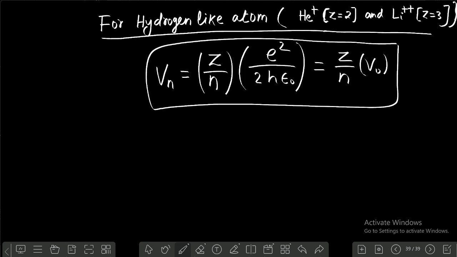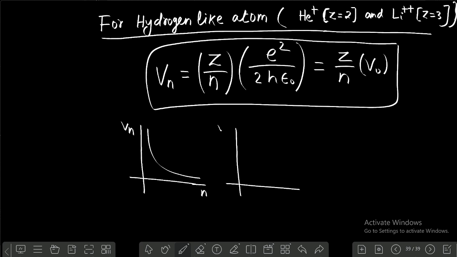So what are you understanding here? Velocity of electron in nth orbit is inversely proportional to n, directly proportional to 1 by n, and directly proportional to atomic number.